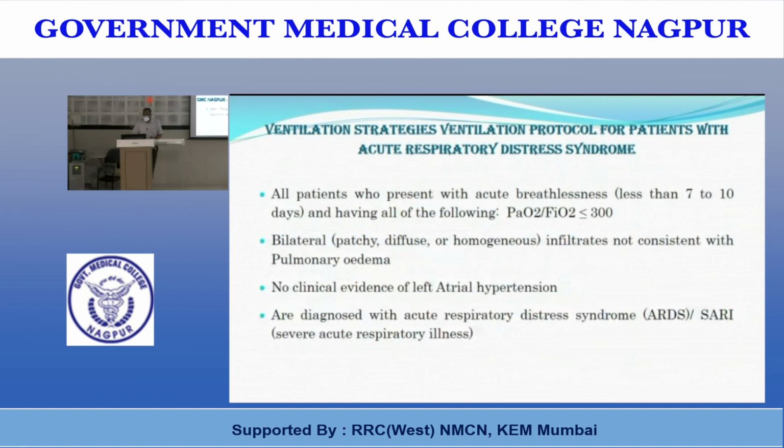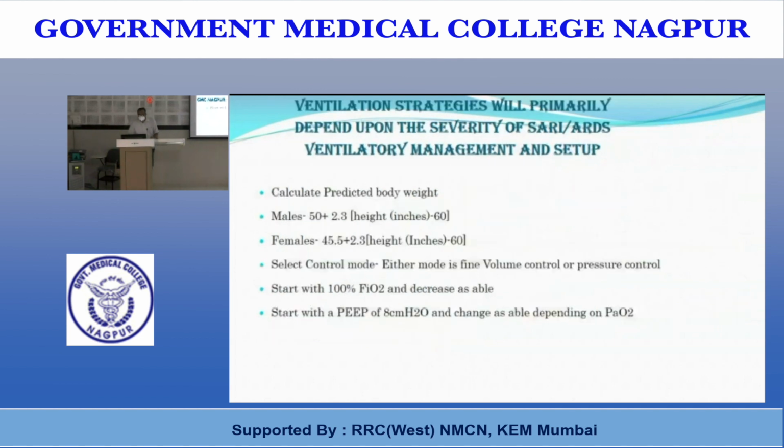For ventilation: all patients having acute breathlessness, PaO2 to FiO2 ratio less than 300, bilateral patchy infiltrates not consistent with pulmonary edema, no clinical evidence of left atrial hypertension, having ARDS and SARI, and not maintaining saturation. Before putting the patient on invasive ventilation, calculate the predicted body weight.